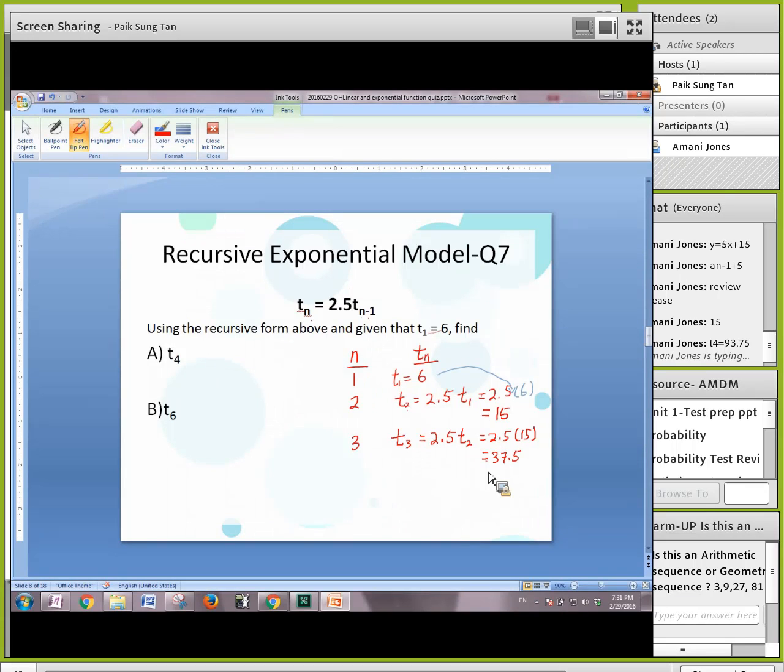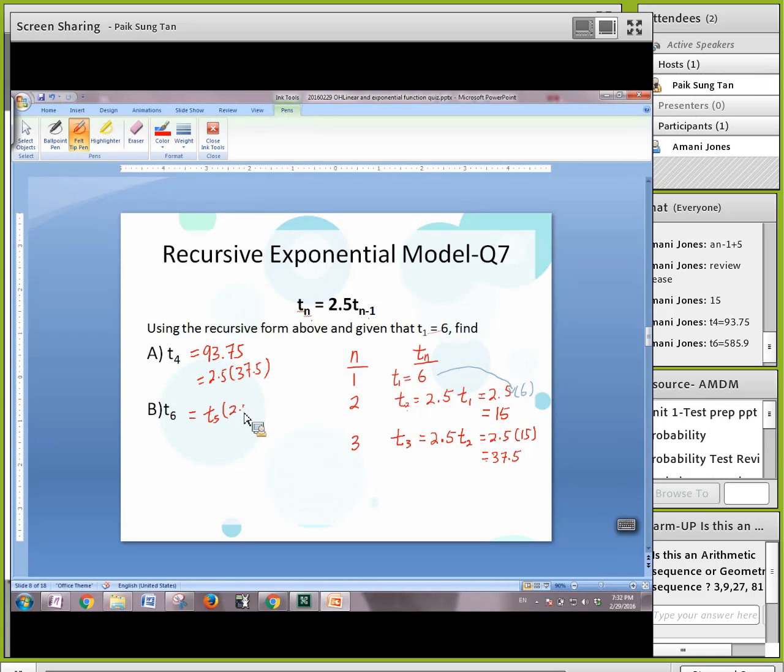You can go ahead and do T6 too. Good job for T4. You got it. So T4, Amani got 93.75. Same method. You're using T3, which is 2.5 times 37.5.